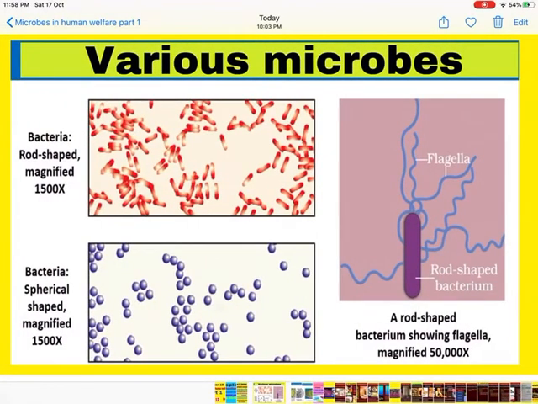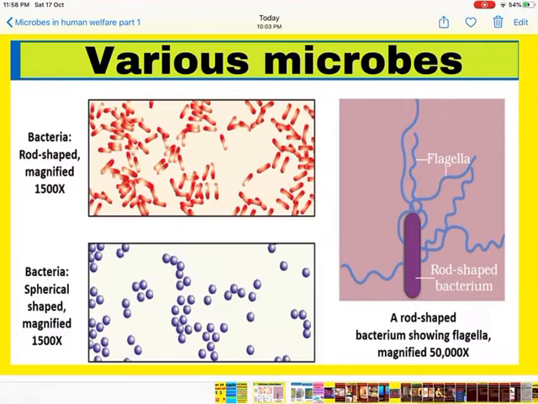Let us see some diagrams of various microbes. These diagrams are given in your NCERT book and we cannot avoid them. We have to see them. First, bacteria. This is a rod-shaped bacteria showing in the slide, which is 1500 times magnified.